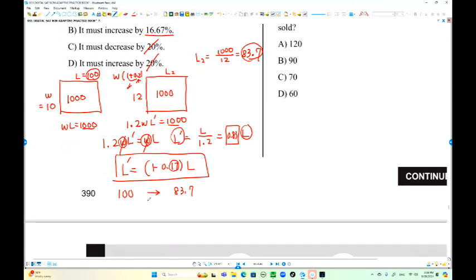How much decrease? 16.7, right? 100 minus 83.3 equals 16.7 decreased from here. So 16.7 out of 100 times 100 is going to be a percent, 16.7%. Okay, but this is 100, so you can use percent, right? Maybe sometimes plugging in numbers is comfortable, okay?